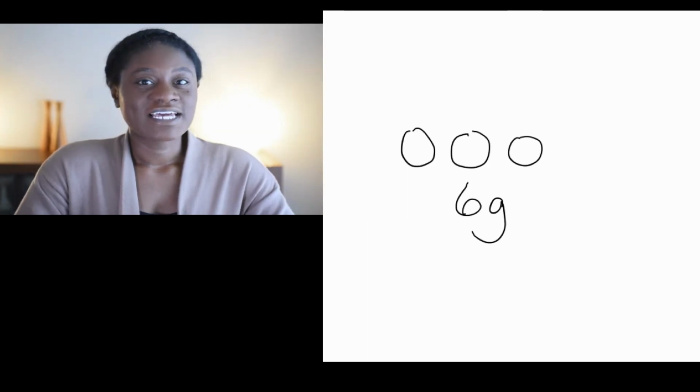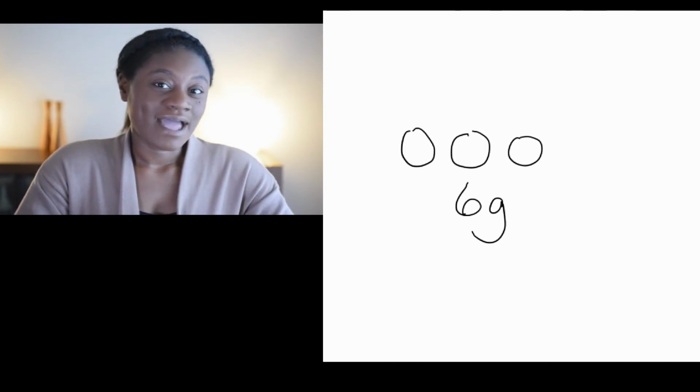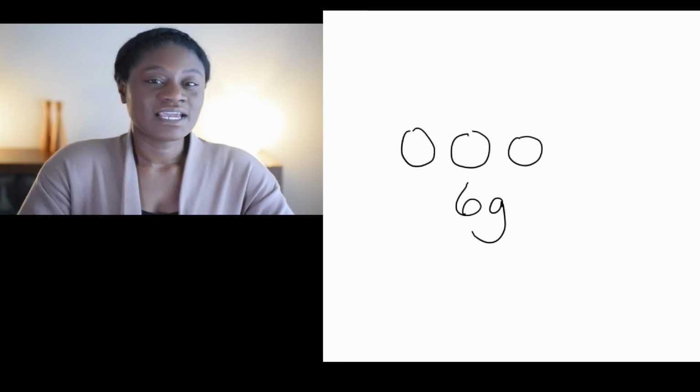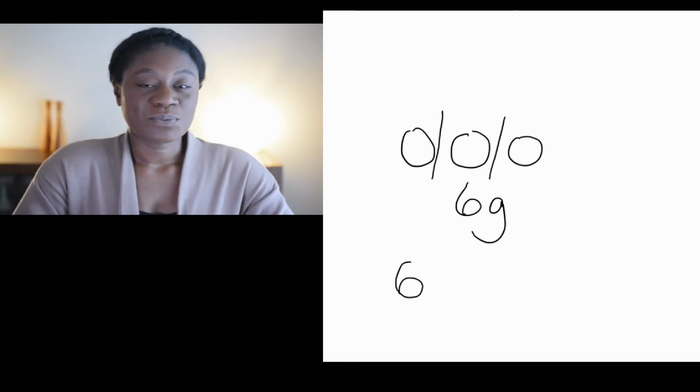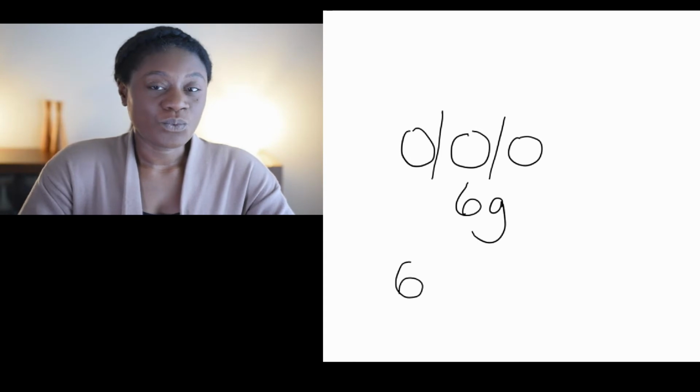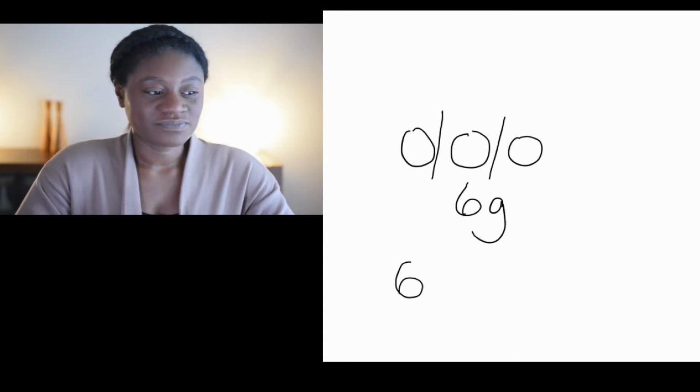Now, if we have 3 items that weigh 6 grams in total, we can now figure out how much each item weighs. Remember, when we have a total and we want to effectively divide this so that we know what one of the items would weigh, we're going to be using division.